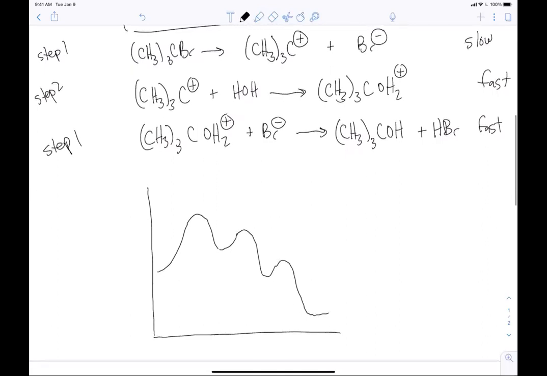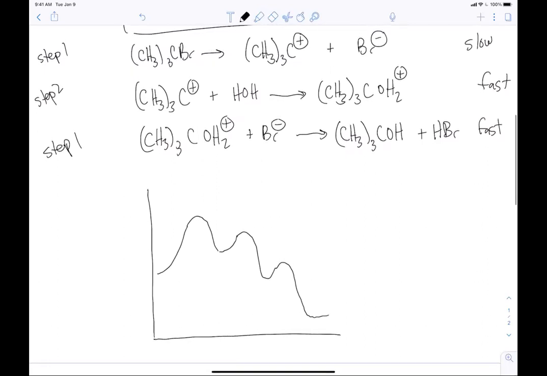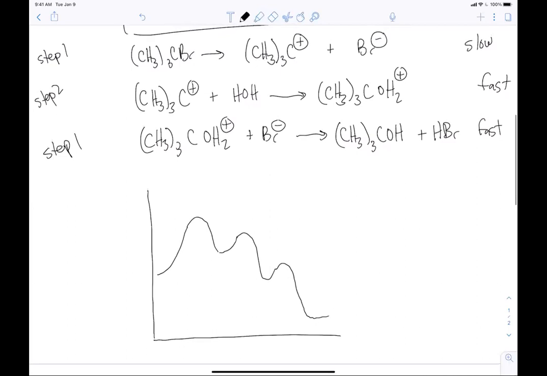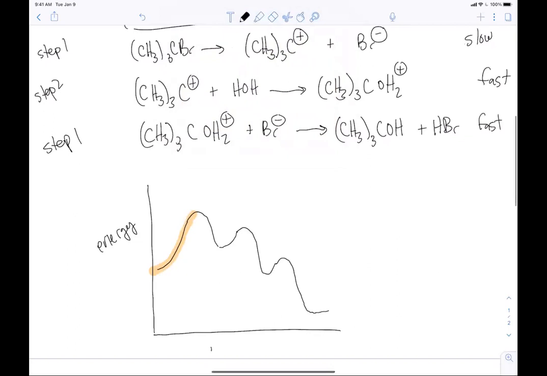Let's see, how do I want to get this all on here? So this part of the curve, this is energy, and this is the reaction coordinate down here.